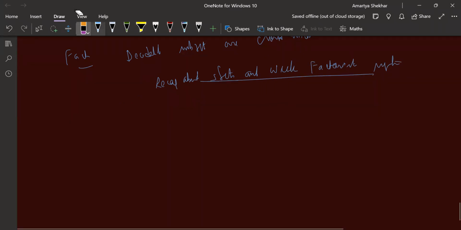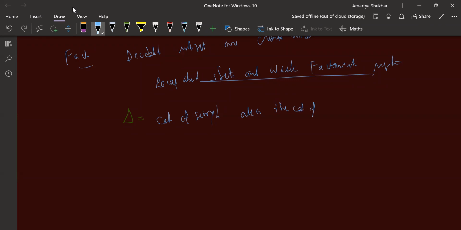I denote the category of simplices with the bold delta, and the standard simplices by lighter delta, but here I'll use a different color. This is the category of simplices, also known as the category of finite ordinals and order preserving maps.